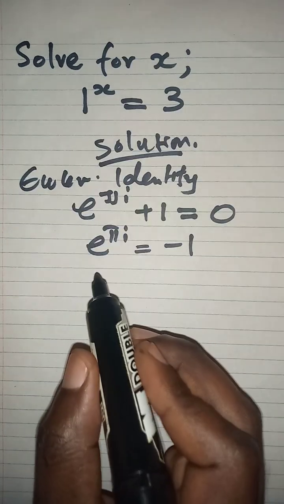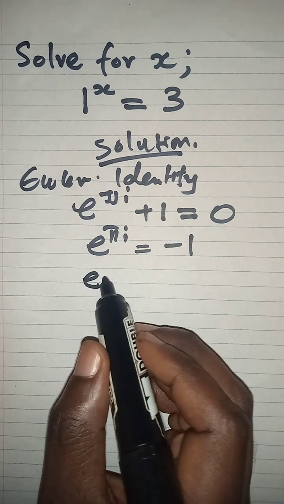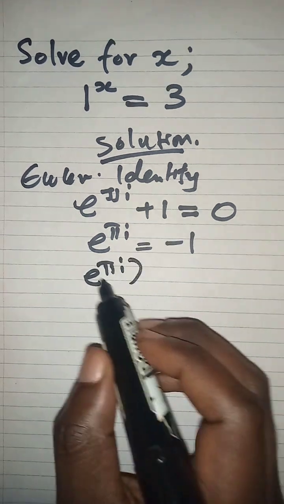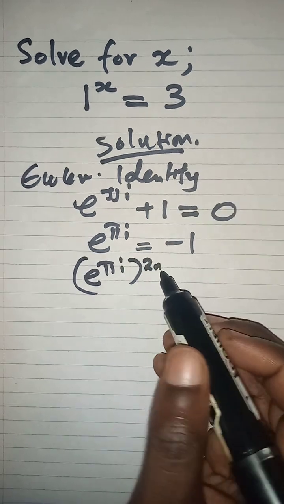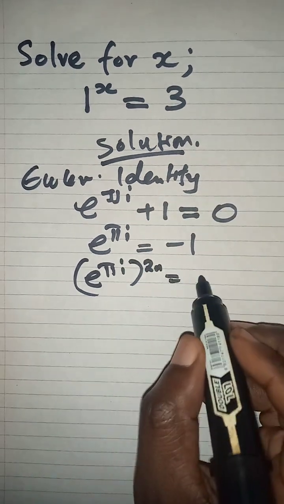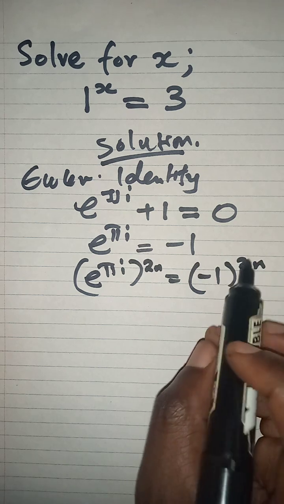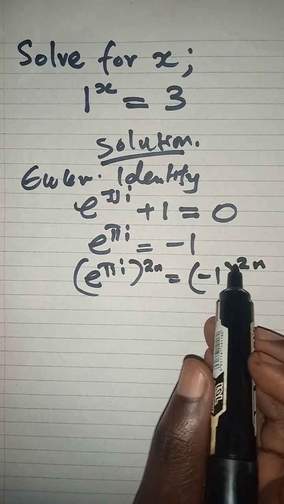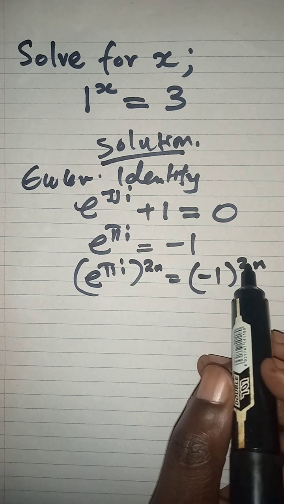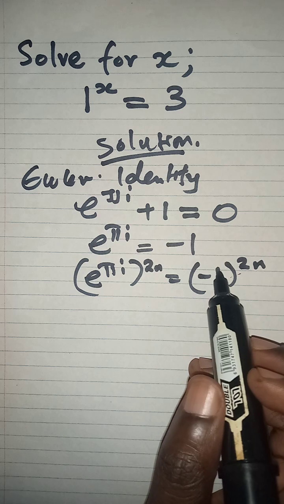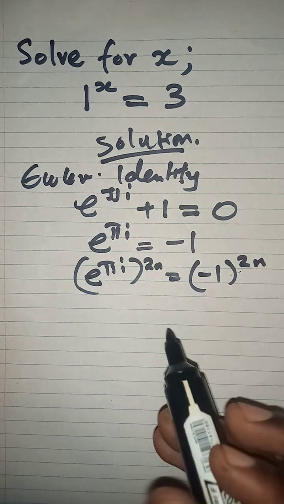I'm going to multiply both sides by a square function of n. You realize that when I square a negative number, I'm going to get a positive number.